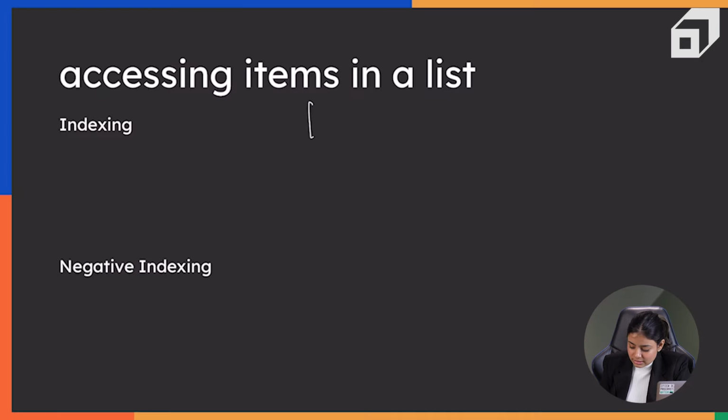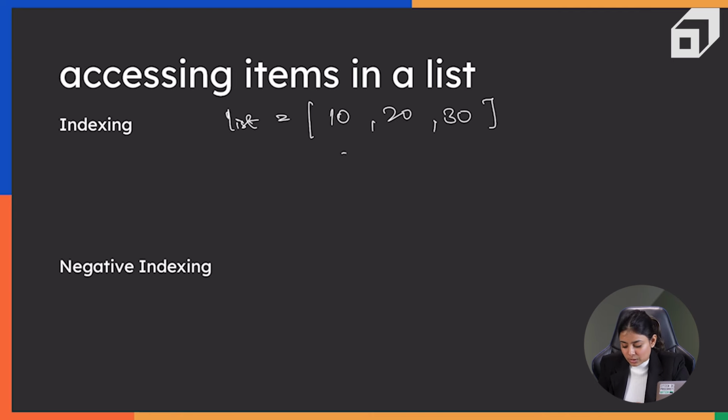Now I told you that you can index a list. How to do that? Let's say I have a list with values 10, 20, 30. How do I index the elements?